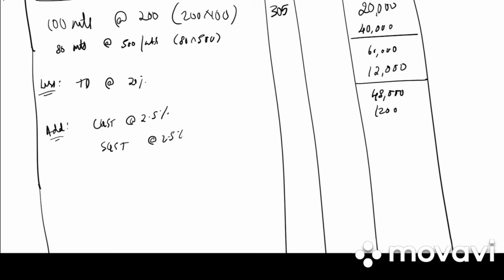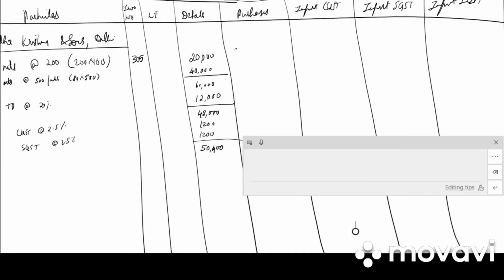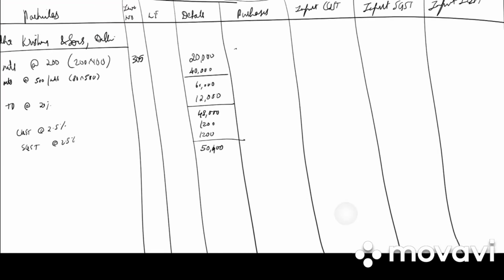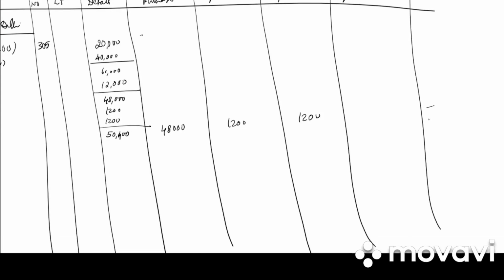SGST at 2.5%, again 1,200. How much do we get? 50,400. So under the purchases column, the total will be 48,000. Input CGST 1,200, input SGST 1,200. Total will be 50,400.